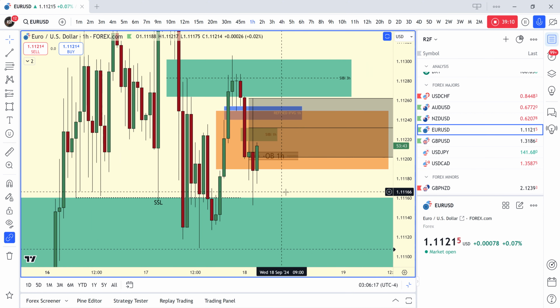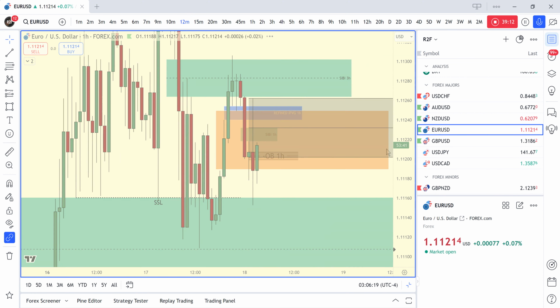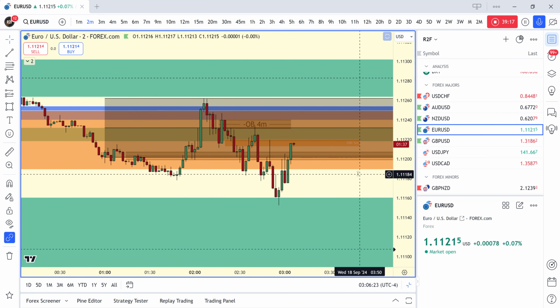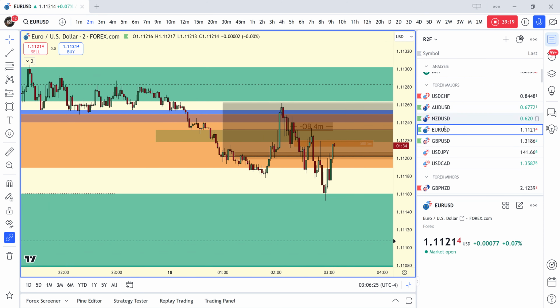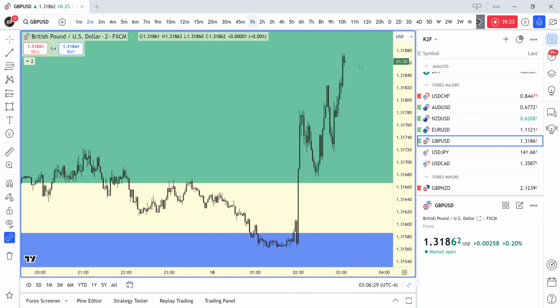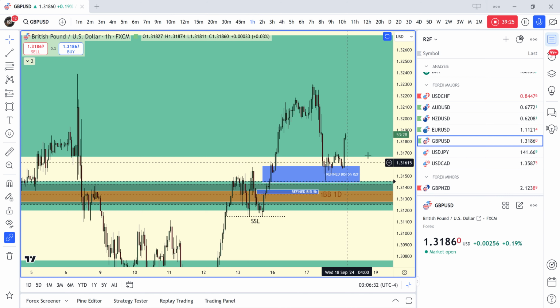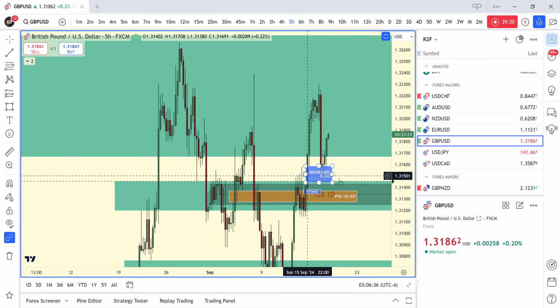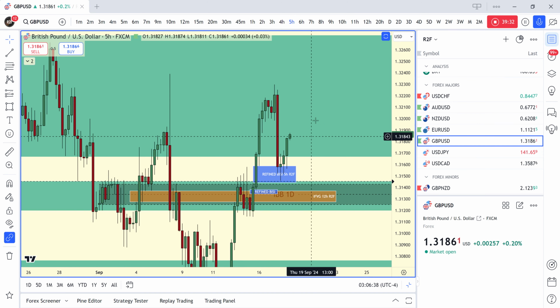Okay, you got a new hourly candle. Okay. I mean, if you look at the pound, pound's going for it. It's a nice one. 5 hour R2F.